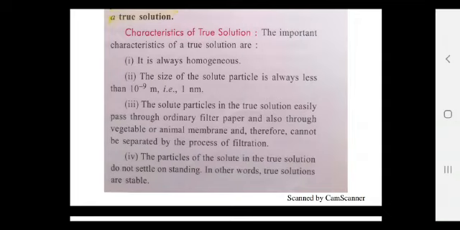Like if we pass tea through filter paper, the liquid goes through the filter paper, but the tea leaves are left as a residue. But in a true solution, the solution passes through the filter paper without leaving any residue, because the size of the solute particle is very small.